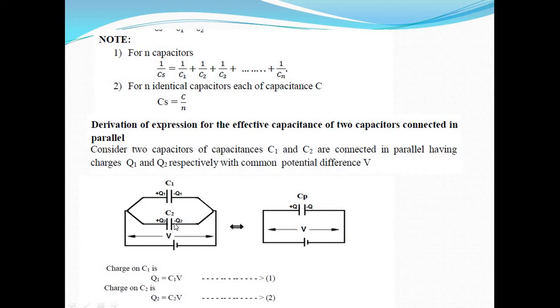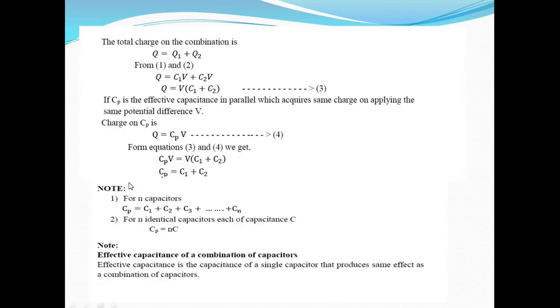In the previous derivation, V is equal to V1 plus V2. PD divides. Here charge divides. That is why we have to take Q1 as the charge on the first capacitor and Q2 as the charge on the second capacitor. So voltage remains same. That is taken as V. So in the next equation, substitute the value of Q1 and Q2.